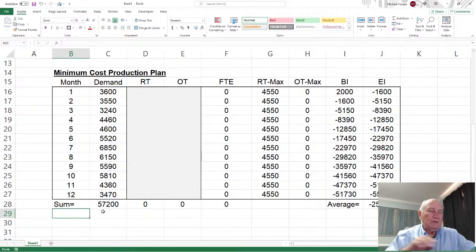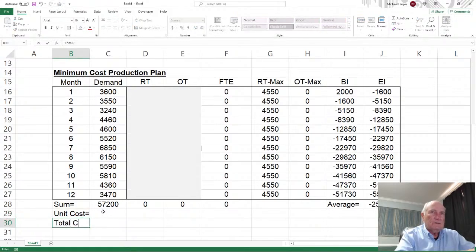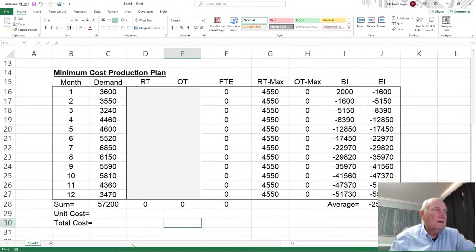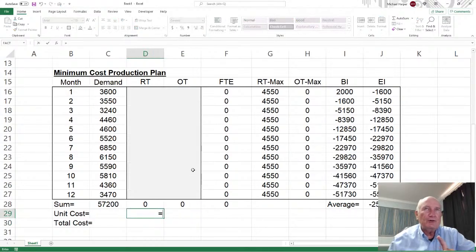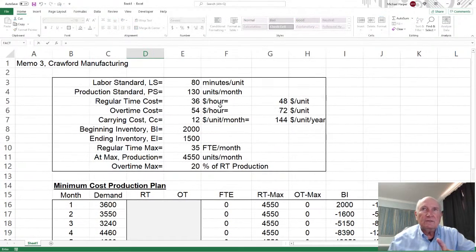And then we have our unit cost, and then our total cost. Now our regular time unit cost per unit is 48.